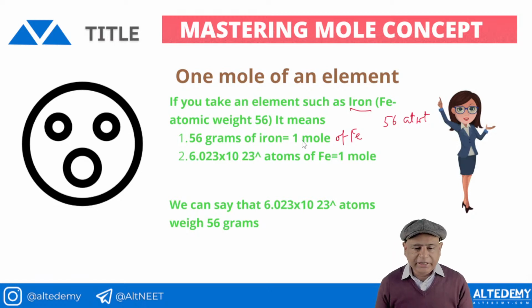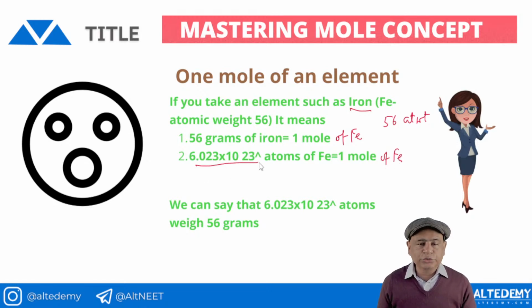I hope you are getting it. And the second thing is that 1 mole of iron, as we said, contains 6.023 into 10 to the power 23 atoms. Now here you can say 6.023 into 10 to the power 23 atoms of iron weigh how much? It is 56 grams.